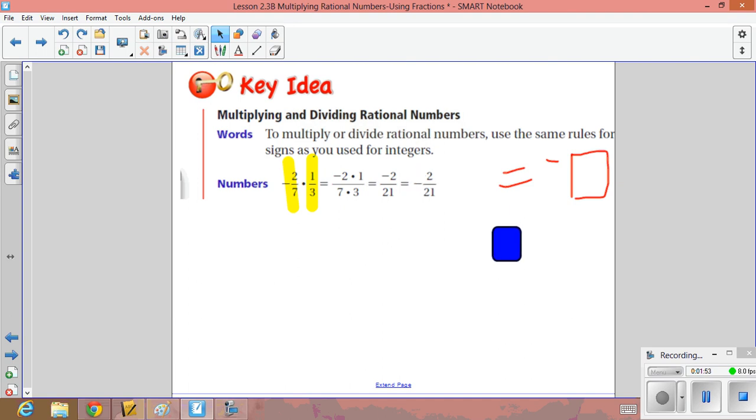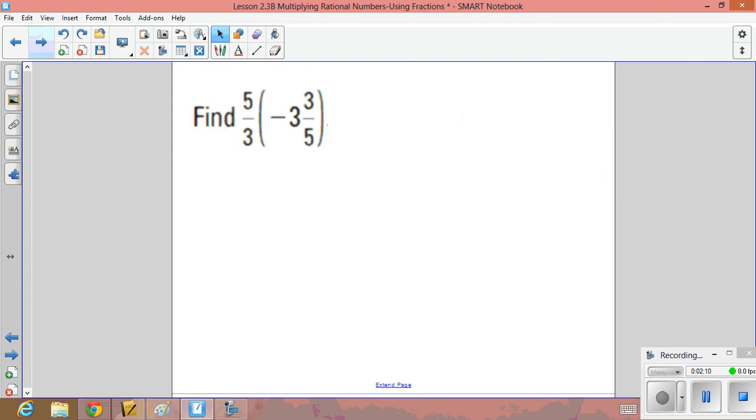And you could also write this as negative to the left, and then 2 over 21. All right, so that's our key idea. This is what we're going to be doing for the next couple of slides. If you need your multiplication chart, please pause the video and get your chart out now.